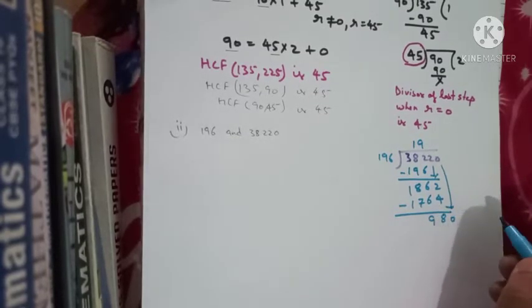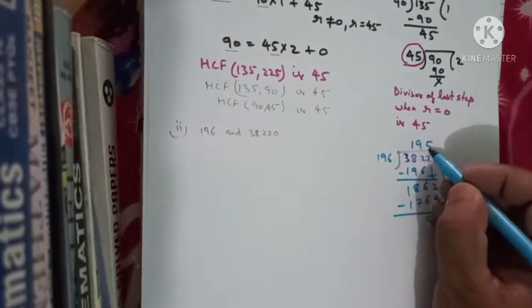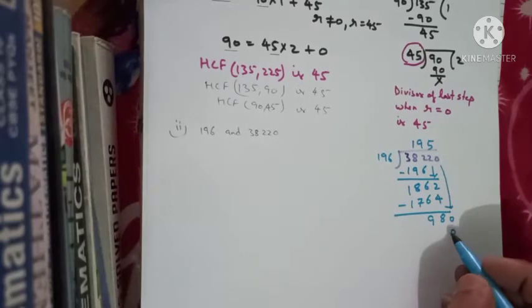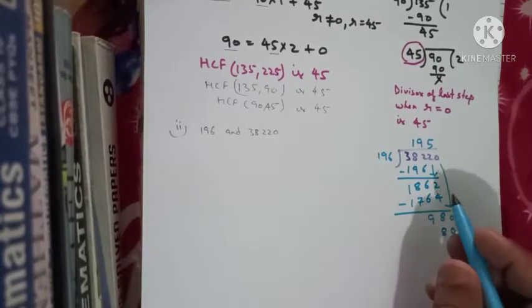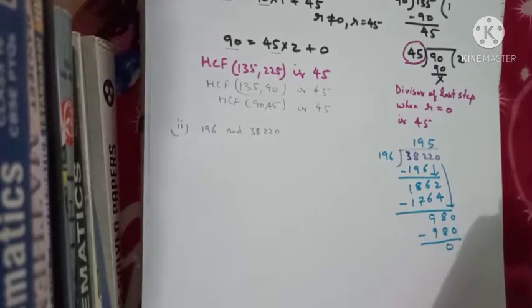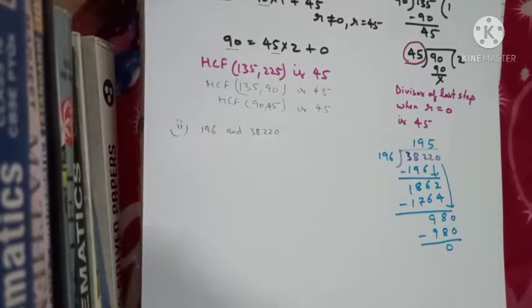So 980. Now 5 times: 5 6s are 30, 3 carry, 5 9s are 45, plus 3 is 48, 4 carry, 5 4s are 20, plus 4 is 24, and we are getting the remainder 0. So we are getting it in the first step only. It is not necessary that we have to apply 3 times or 4 times.